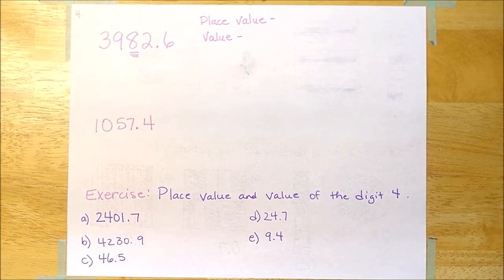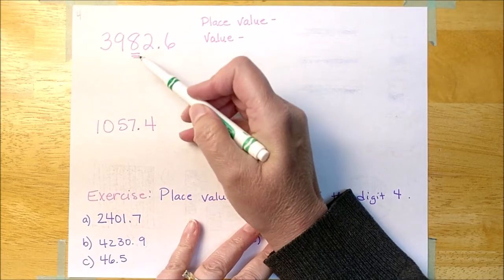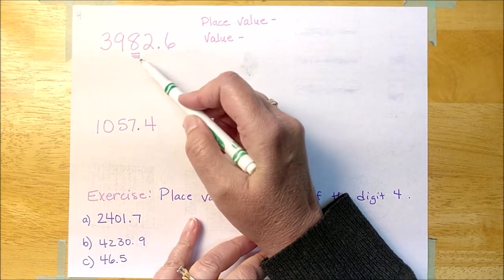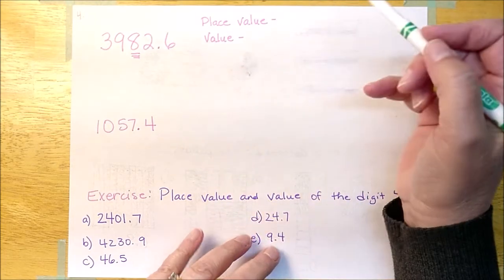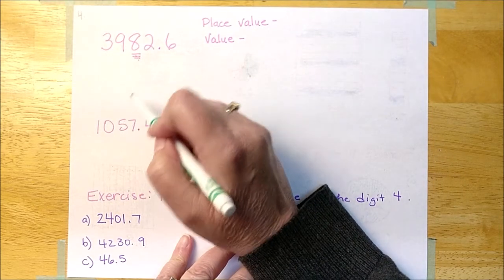Okay. Now we are going to be looking at what is the place value and the value of these numbers. So now we're just going to look at this number 3,982 and 6 tenths, and we need to tell what is the place value of the 8.